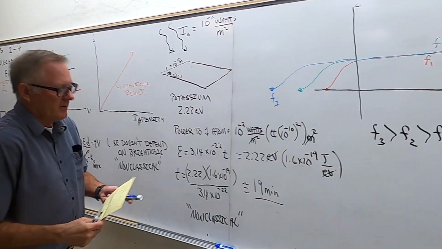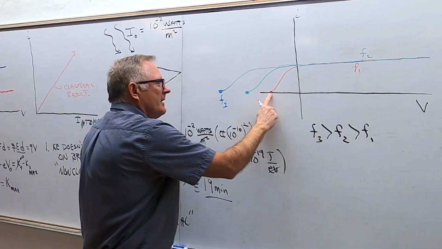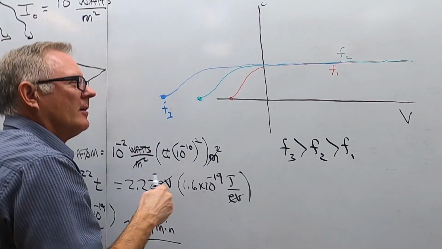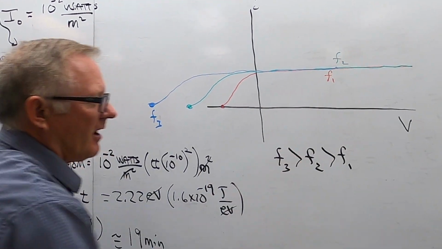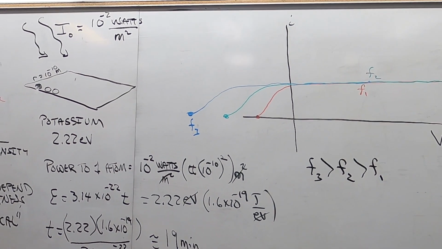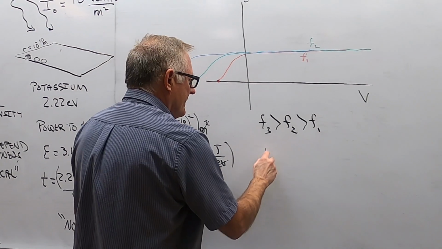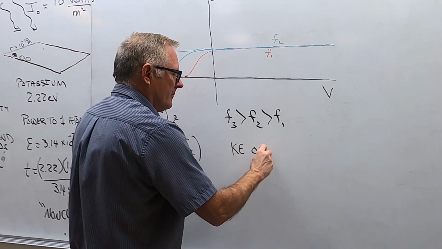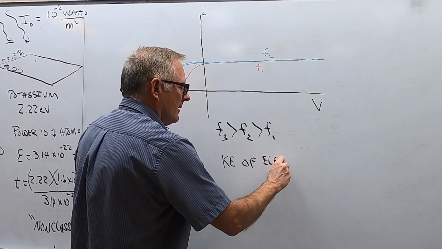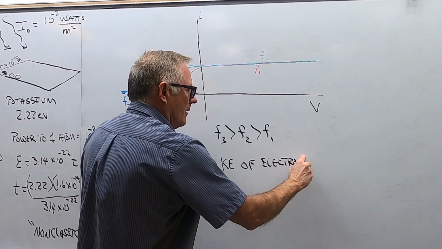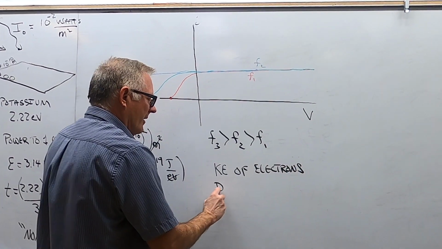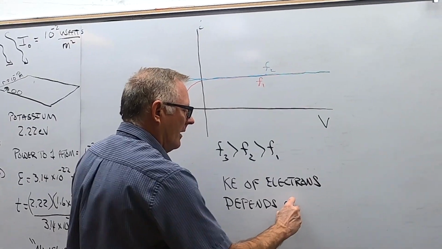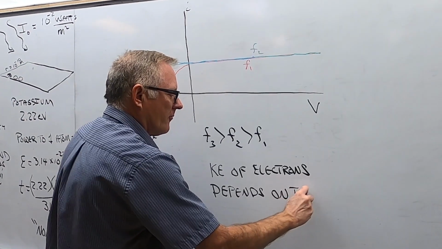So remember, these were the speed of the electrons as they were shot off right here. So it looks like the kinetic energy of the electrons depends on the frequency.